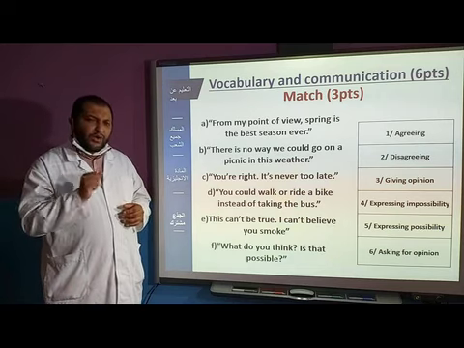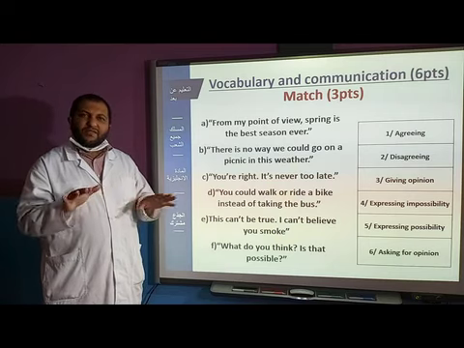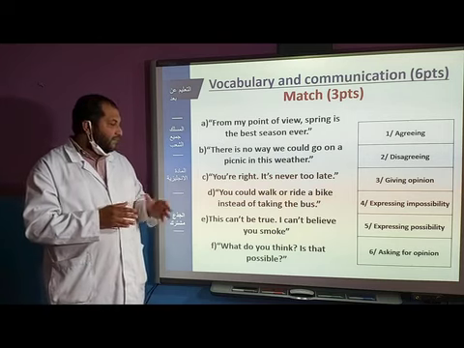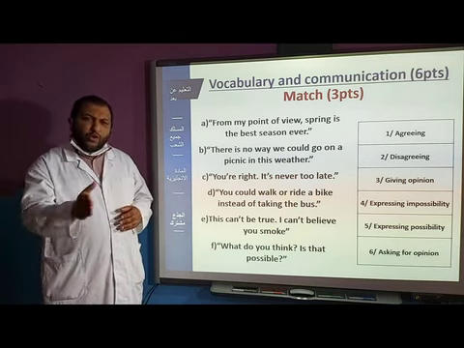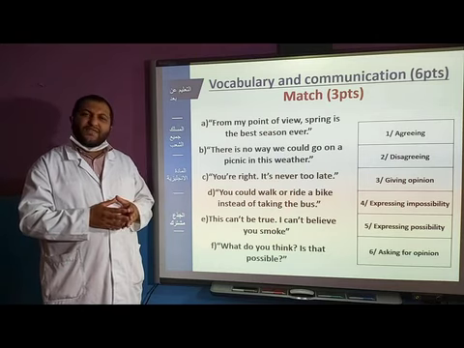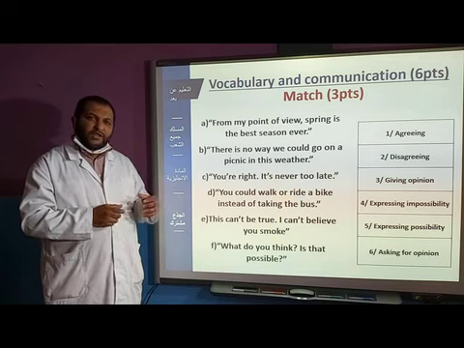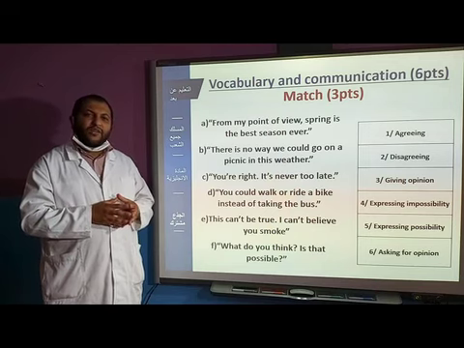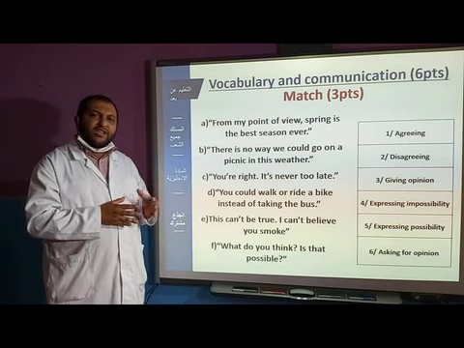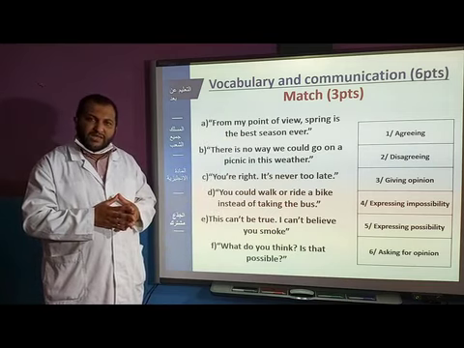C. You're right. It's never too late. It's always possible. D. You could walk or ride a bike instead of taking the bus. Try to underline and find the key expressions, because it's only the key expression which is going to lead you to the correct choice and answer.